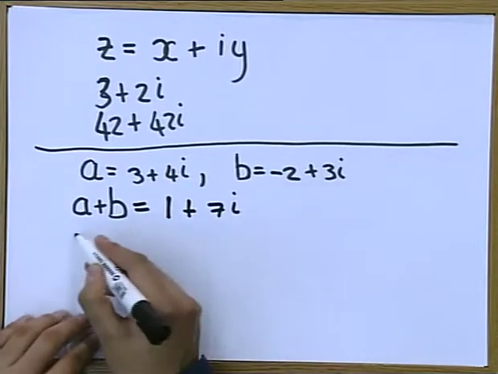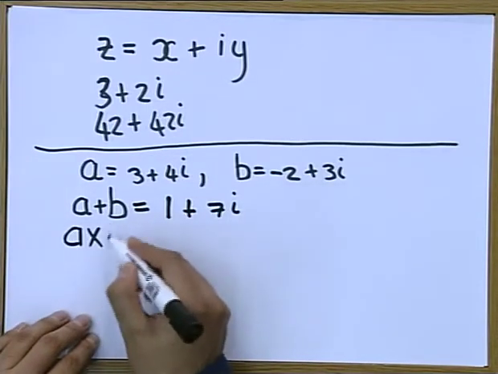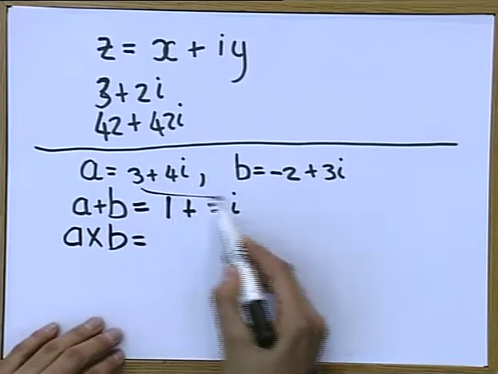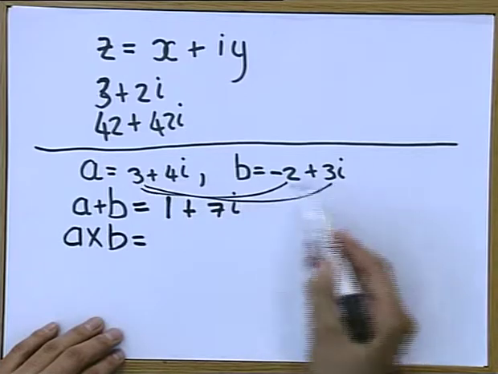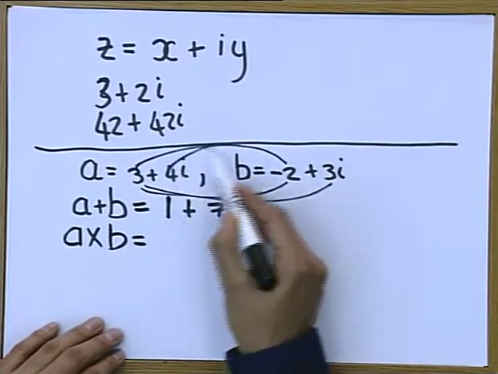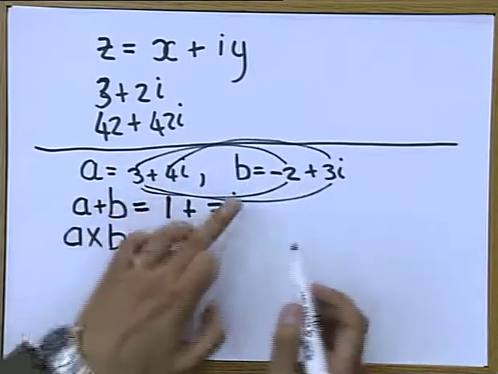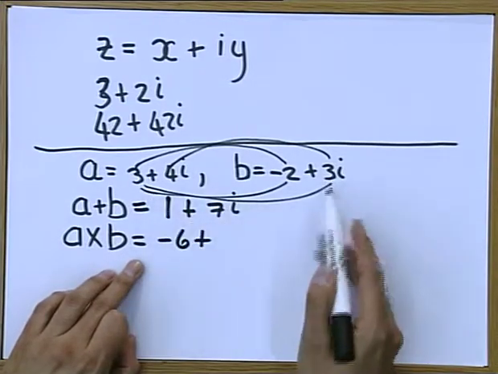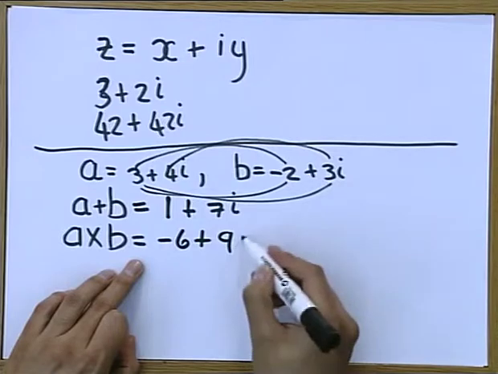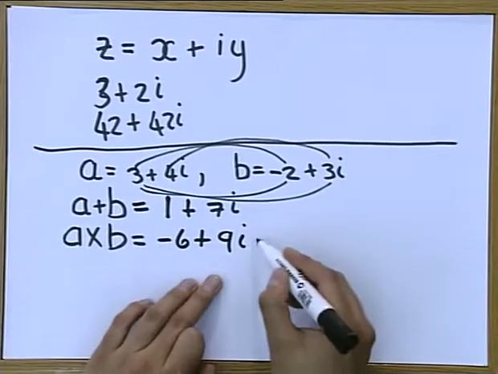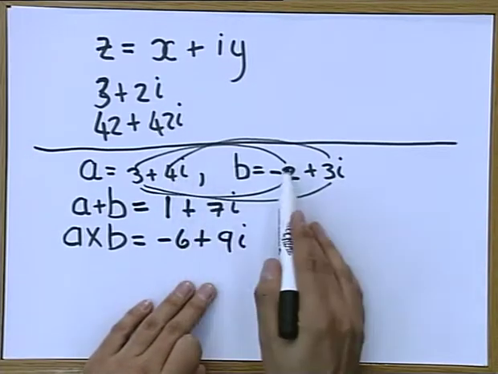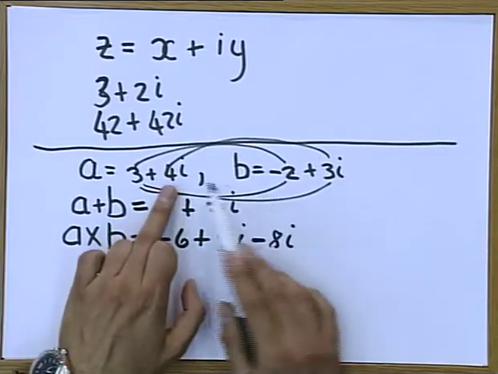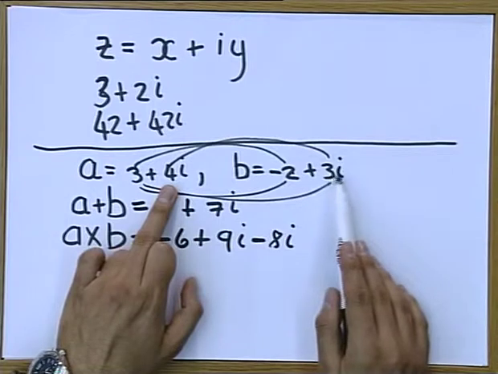I can also multiply complex numbers, so a times b, and how you would multiply is you multiply this by this, you multiply this by that, multiply that by that, and you multiply that by that. So 3 times minus 2 is minus 6, plus 3 times 3i is 9i, and then I have 4i times minus 2 is minus 8i, and then I have 4i times 3i.